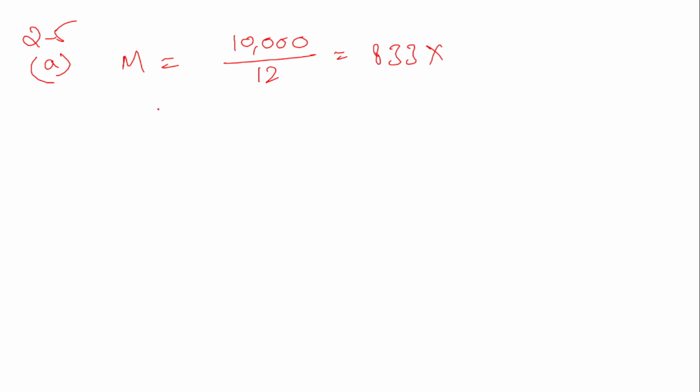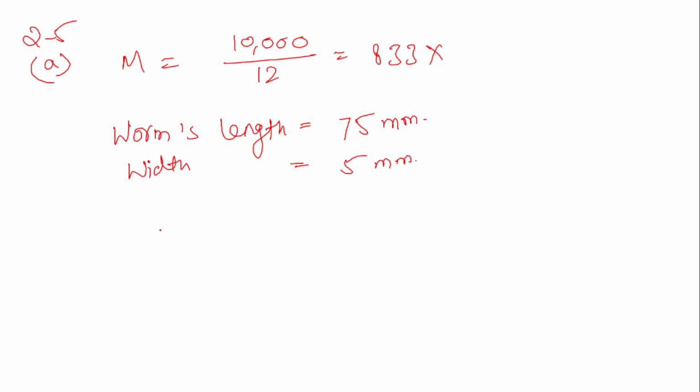The worm's length is given to be 75 millimeters if we measure it using a tape, and the width of the worm is approximately 5 millimeters. If we want to find the actual maximum length, we already have the magnification, and this is in millimeters, so we will convert it into micrometers. So this is the size of the image upon magnification was how much?